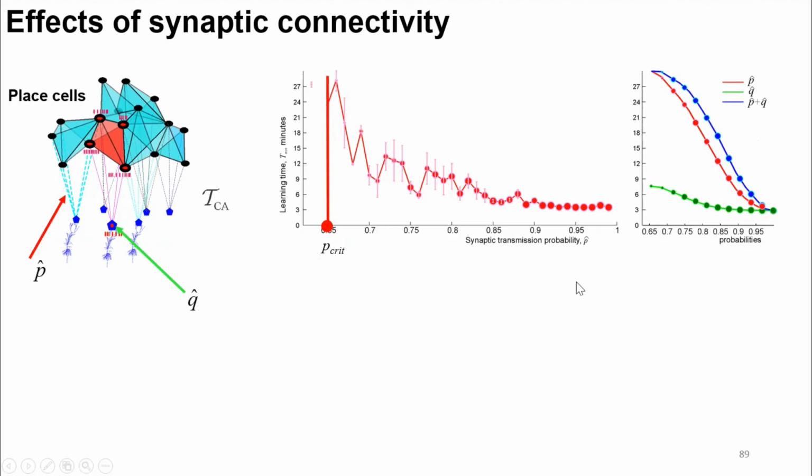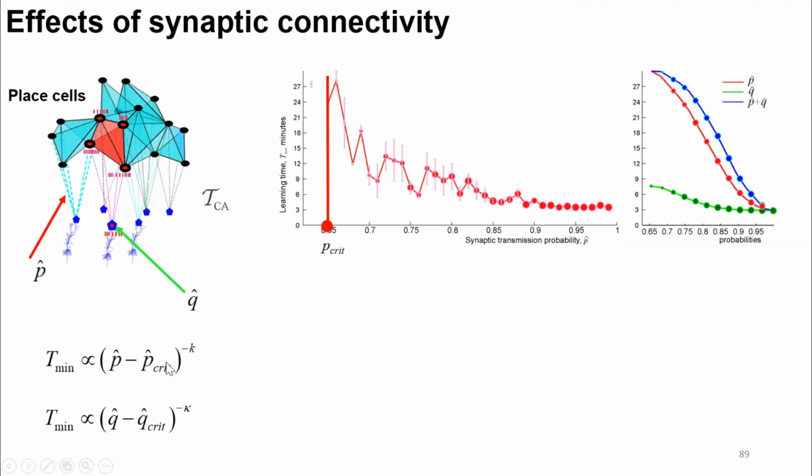It just shows the idea of what is happening: as the probability of sending and receiving information goes down, it takes longer and longer to produce a map. So learning time depends as an inverse power law on the distance from this critical value.